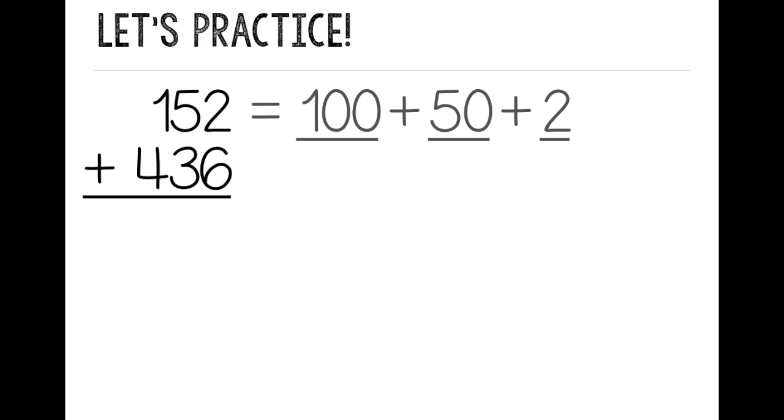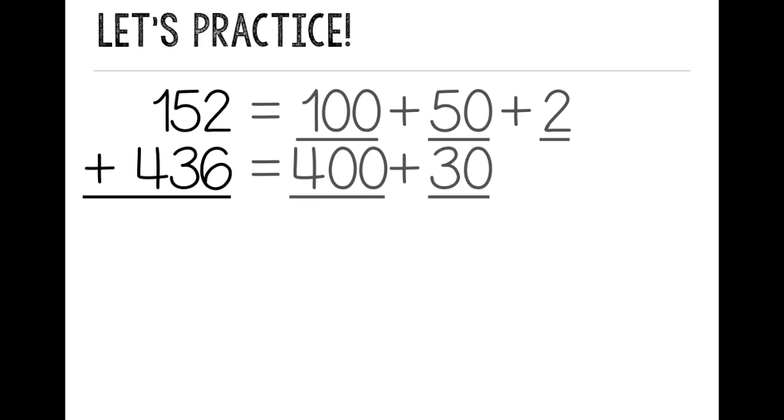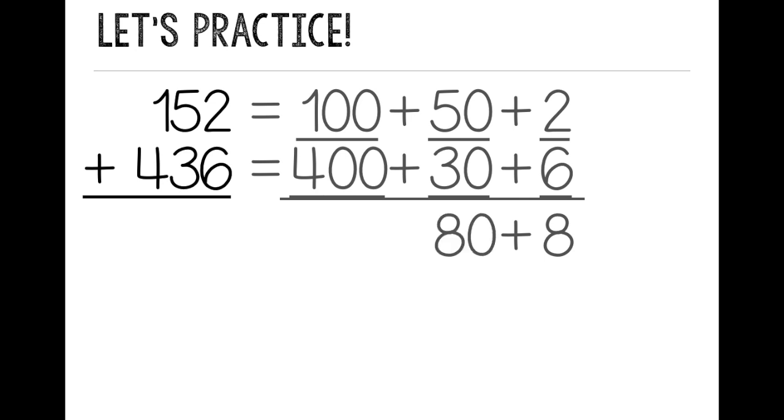Then I look at my other number, 436. In the hundreds place, I have a 4, so that's the same as 400. In the tens place, I have a 3, which is the same thing as 30. And in the ones place, I have a 6, so 6. Now I want to add each place value. So I'm going to start with my ones place, the 2 and the 6. 2 plus 6 equals 8. Then I'm going to add my tens. 50 plus 30 equals 80.